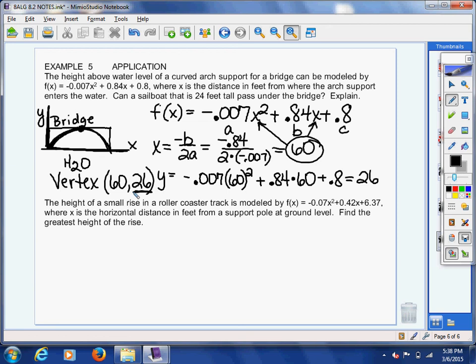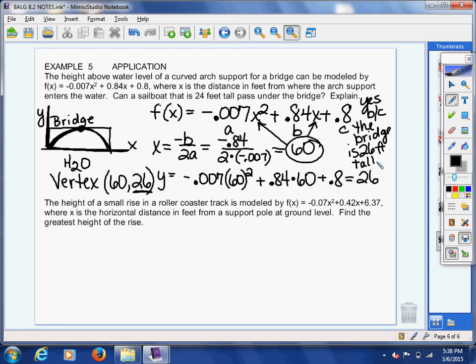And hopefully you said, yes. Yes, it can. Can a sailboat pass under the bridge? Yes, because the bridge is 26 feet tall at its peak, which I didn't write, but that's the truth of that. Okay? So there's the first example for 5.